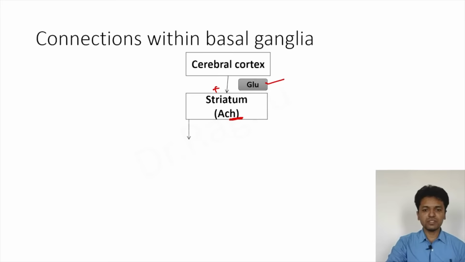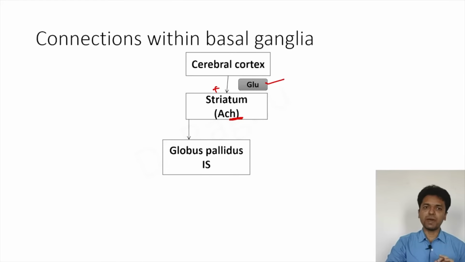Now, from the striatum, the fibers are going to the globus pallidus internal segment, and these are GABAergic fibers, and we all know that GABA is an inhibitory neurotransmitter.